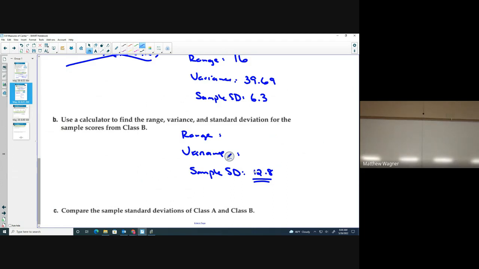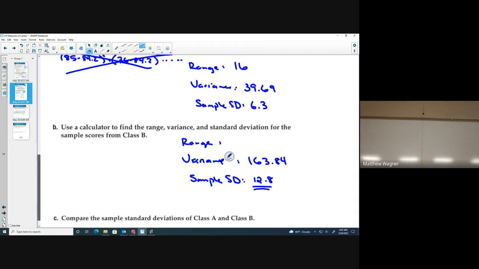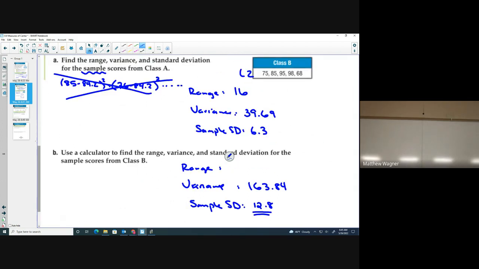We take our standard deviation and square it, so we wind up with 163.84. And then our range, looking at our data, the lowest to highest value. That's not our lowest, 68 was. So 68 to 98 is 30.